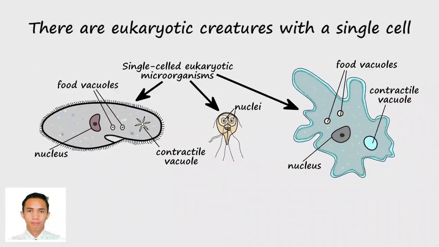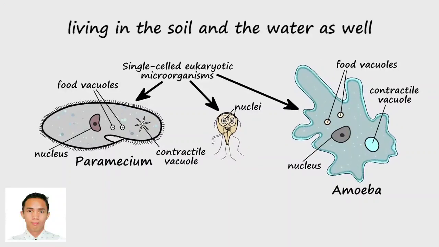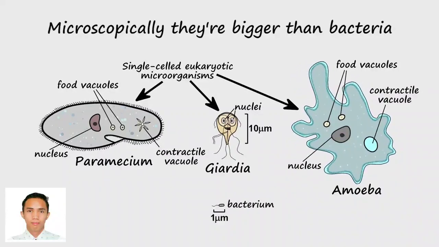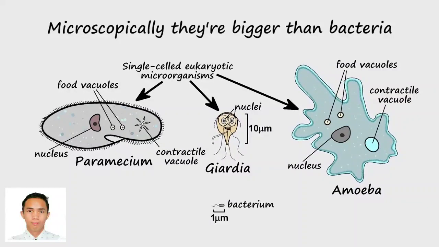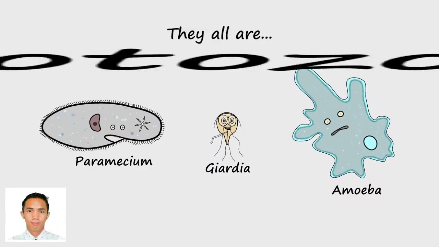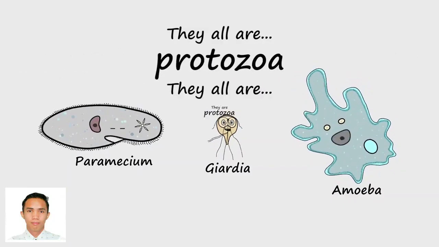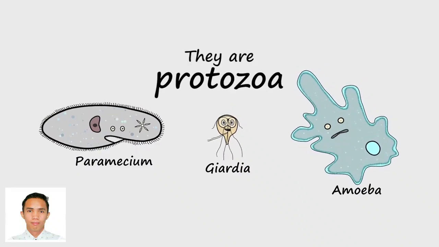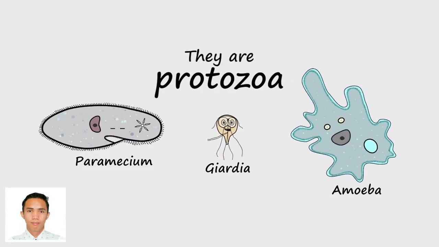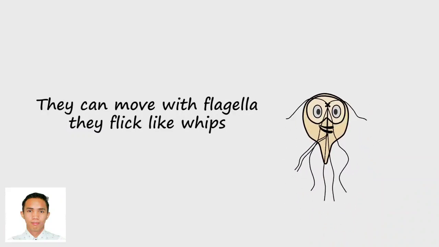There are eukaryotic creatures with a single cell, living in the soil and the water as well. Microscopically they're bigger than bacteria. They all are protozoa. They can move with flagella.